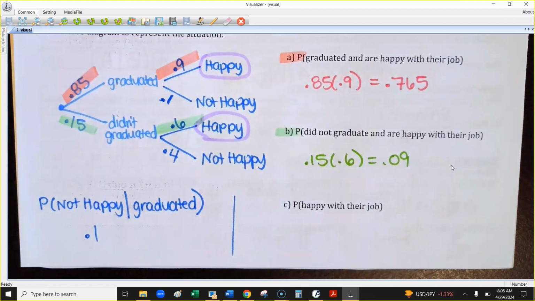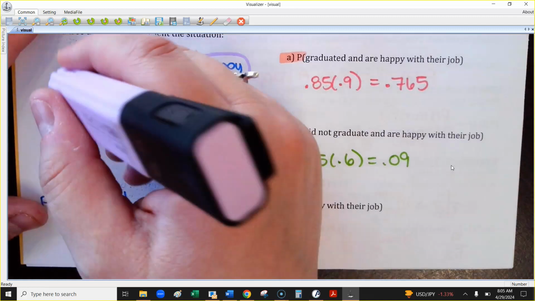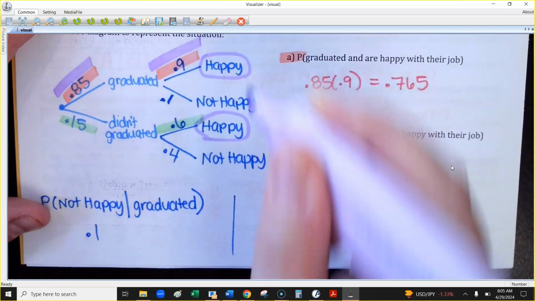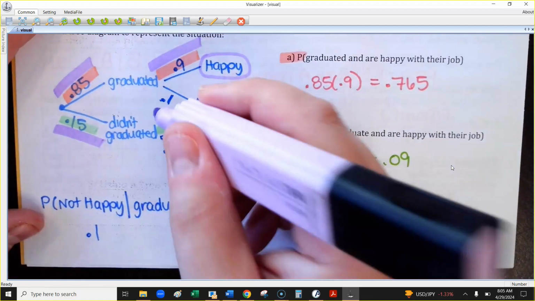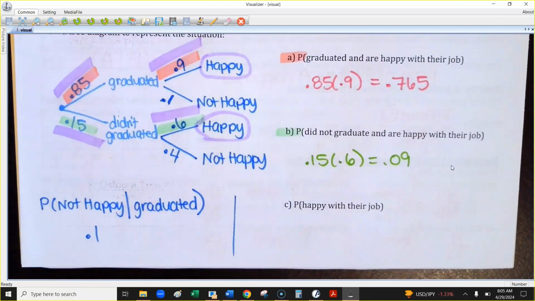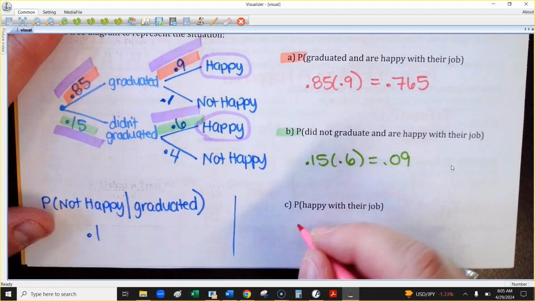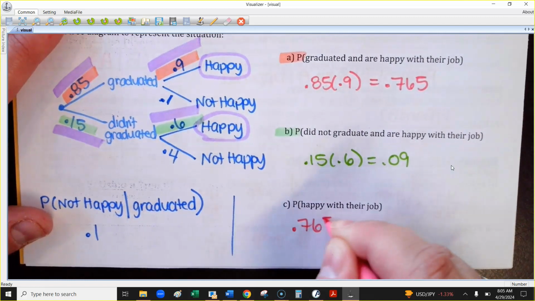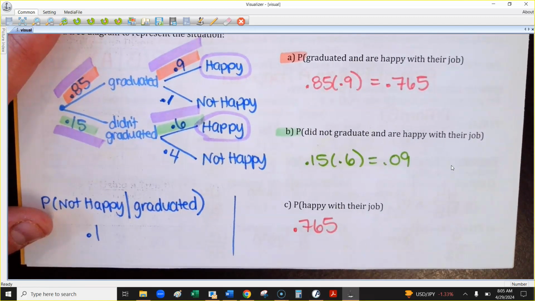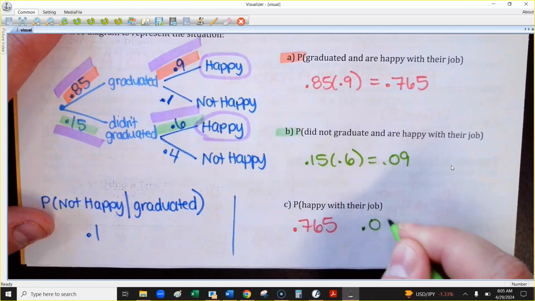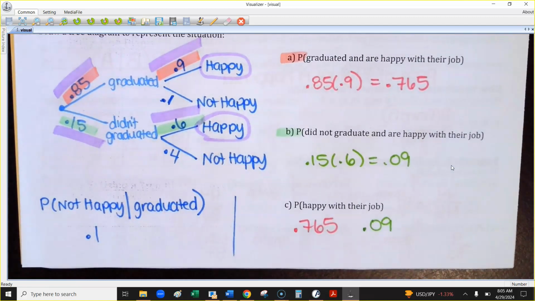We actually have calculated what we need for this part of the question already, but you have two different probabilities here. They graduated and they're happy, or they didn't graduate and they're happy. So I'm going to take these two probabilities we just did, the 0.765 and the 0.09. How do you think I should combine those to get the total probability?